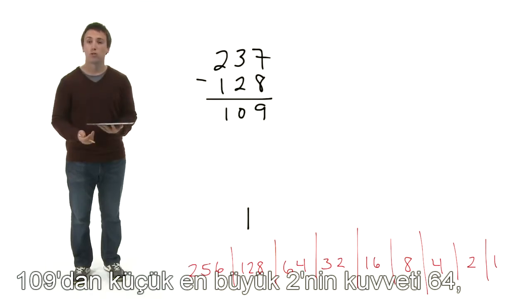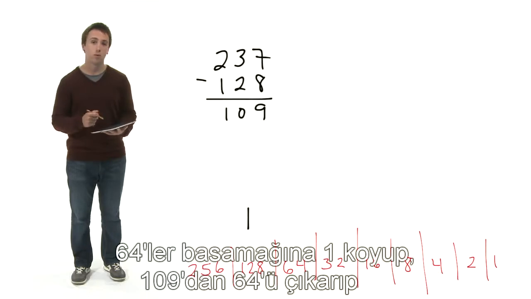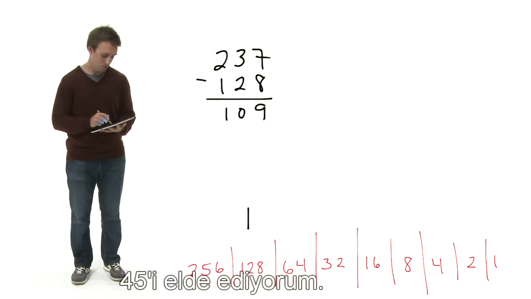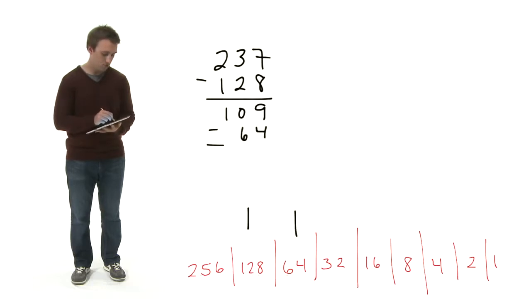The largest power of 2 that's smaller than 109 is 64, so I put a 1 in the 64's place and subtract 64 from 109 to get 45.